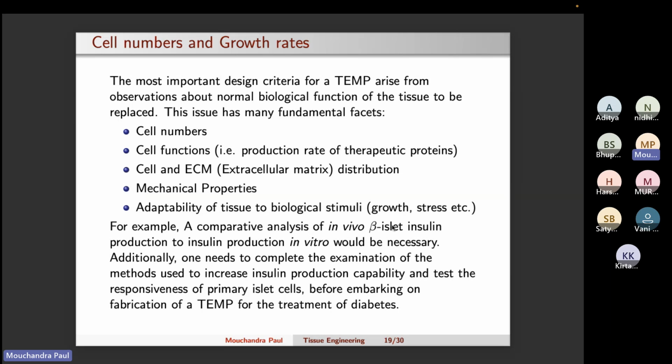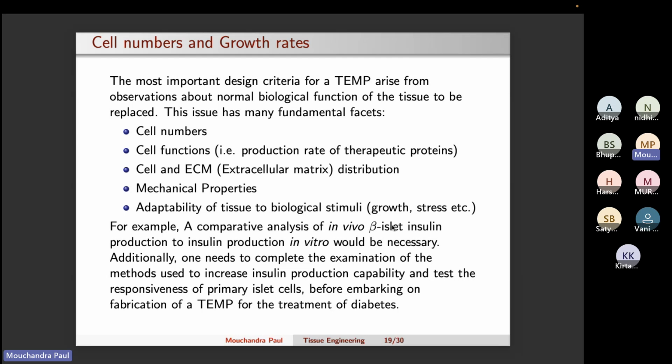So you have to know how many cells you need and the cell to ECM distribution. In cartilage mostly ECM is there, but in skin the cell to ECM ratio will be high, and in cartilage it will be low. This kind of thing you should know prior to designing any kind of tissue engineered medical product.